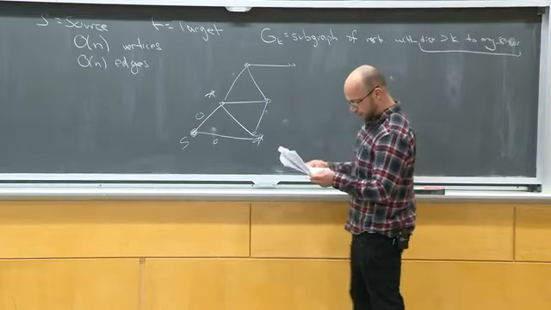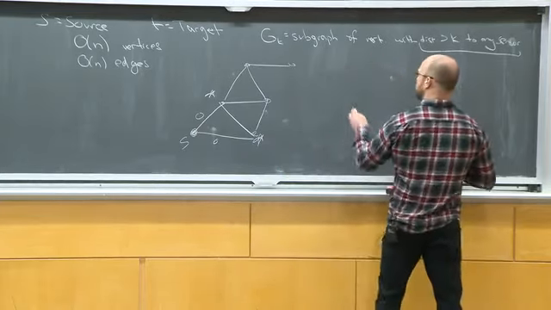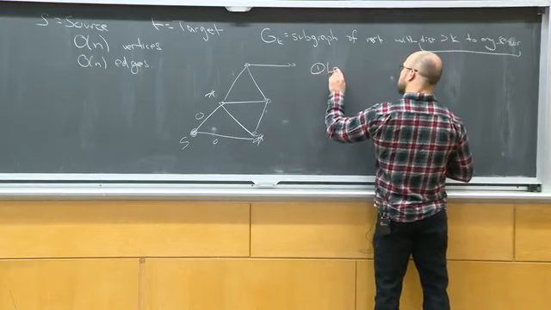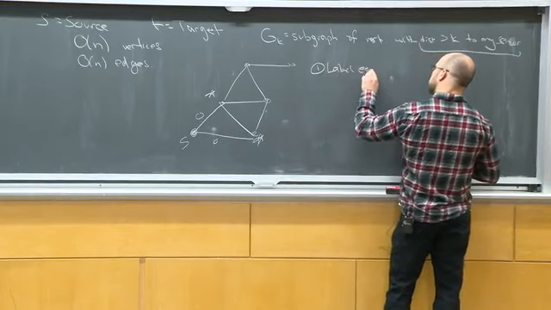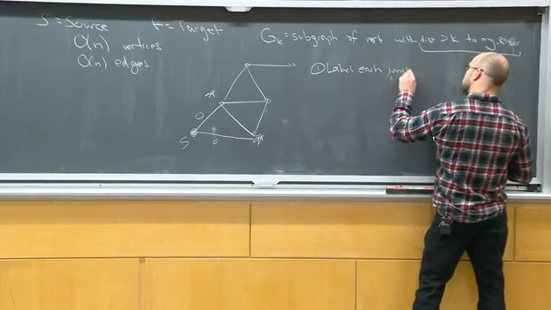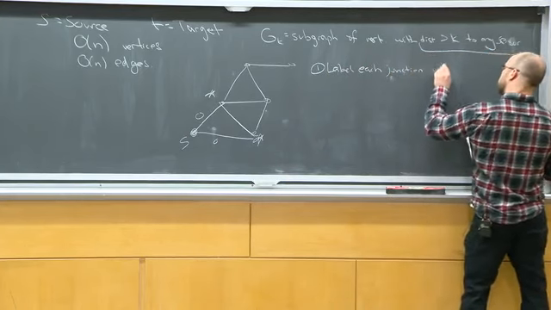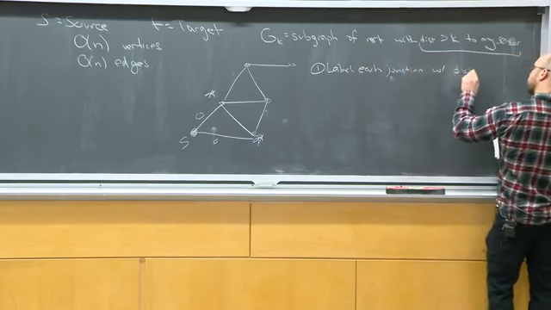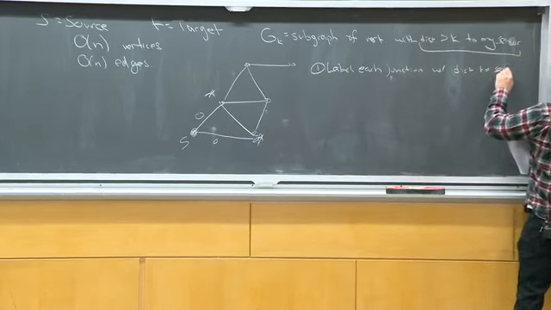Let's write that down. In step 1 of my algorithm, I want to label each junction with its distance to a sensor. That's the high-level goal.